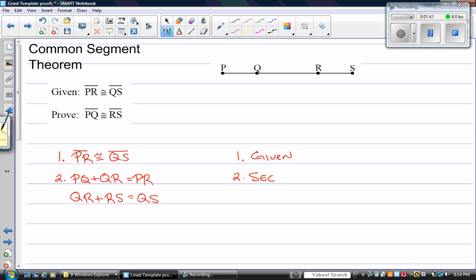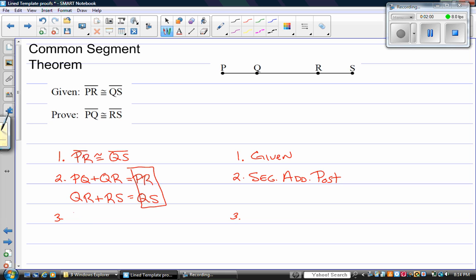That's your segment addition postulate. Once I know that, I've given myself PR is congruent to QS. So these two things are equal to one another.